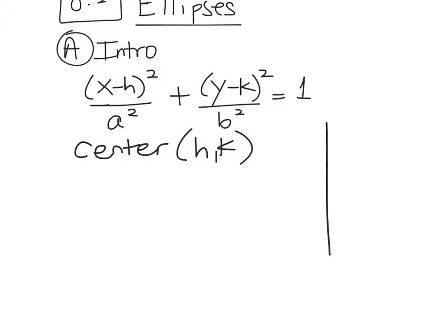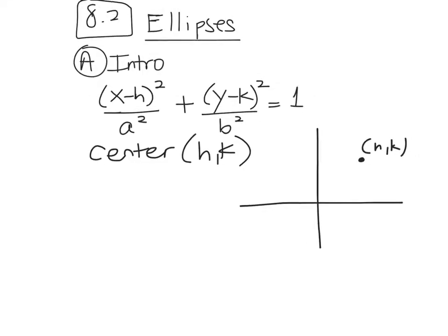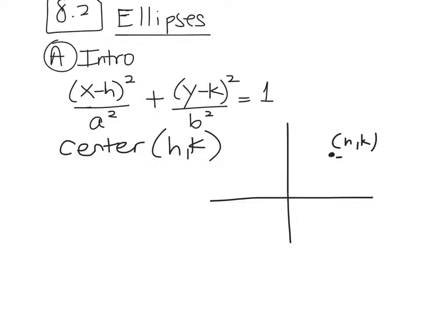We're going to graph it as we go along. You go out to some point, (h, k). Okay, there's (h, k). There's our center. And then you're going to go a distance of a in each direction, left and right. Okay? And I'm going to say here that a is bigger than b. So I go a distance of, I think I'll change colors for you. This is a, and that way is negative a.